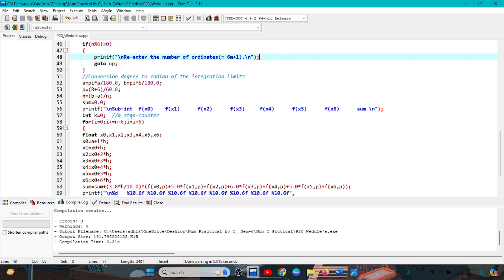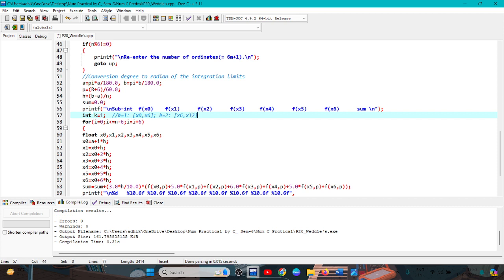And k equal to the step counter. k equal to 1 represents the interval x0 to x6, and k equal to 2 represents x6 to x12, and so on.